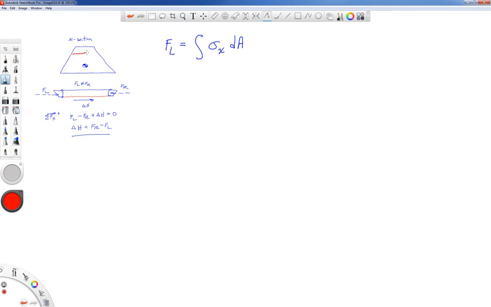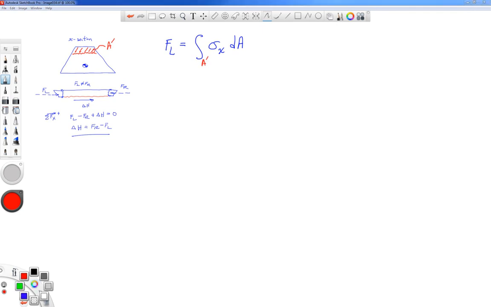Here's that red line on the cross section. I'm going to shade it in. It's from that up to the top, and I'm going to call that A prime. That area is A prime. So I'm going to emphasize that with this red color. I'm doing that integral over A prime.